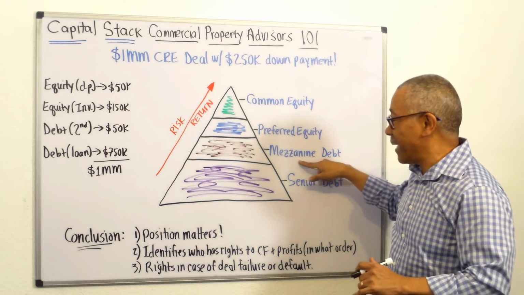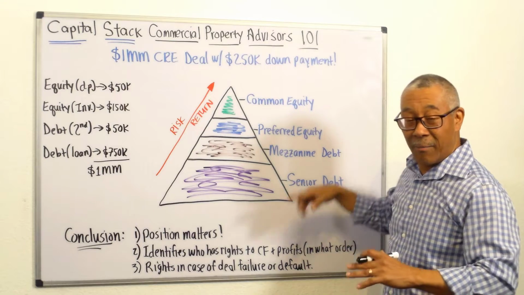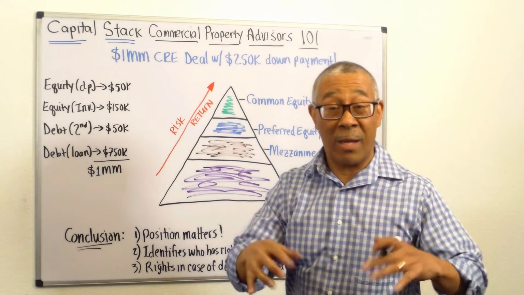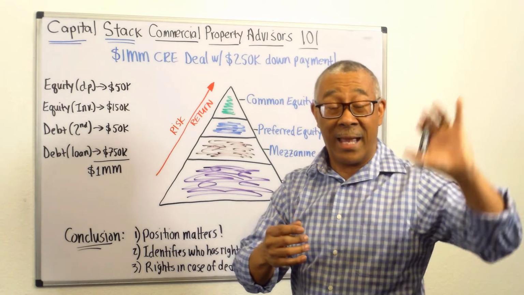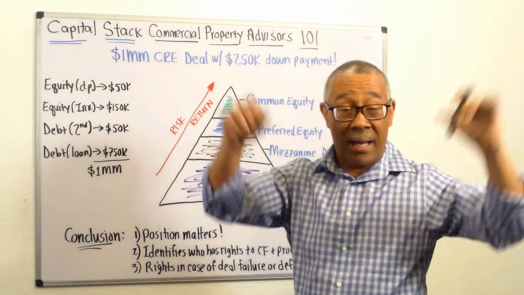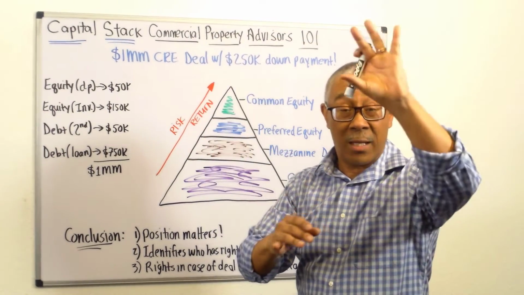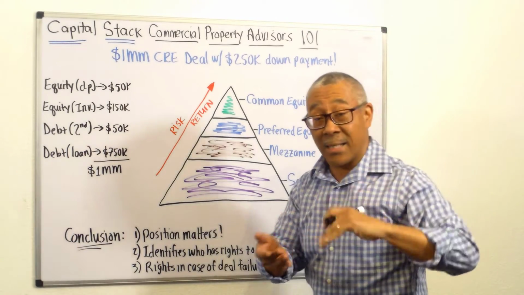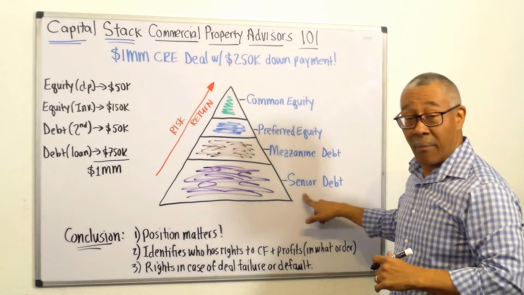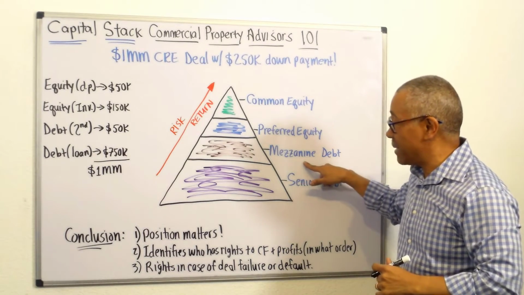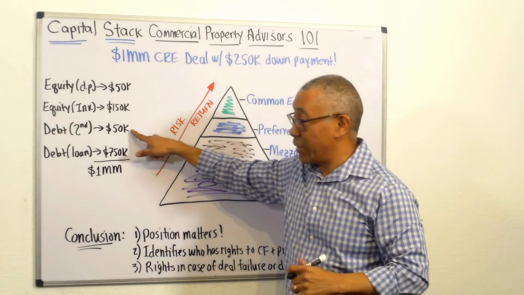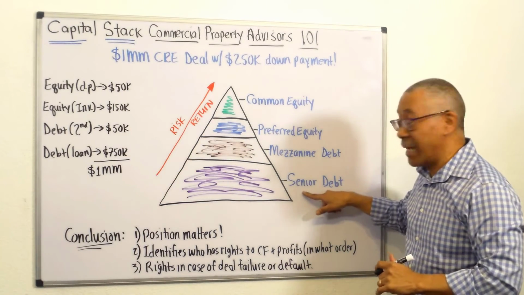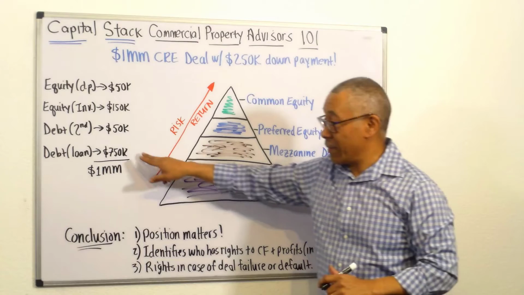Mezzanine debt: many of you look at the word mezzanine and think of a building with a mezzanine deck, a nice little area for people to sit down and do business meetings. So it's called, go to the mezzanine and meet us there. It's the debt that's higher than the bank loan debt. So mezzanine debt is the seller carry second mortgage. It's a loan. And then the senior debt is the debt you get from the bank.